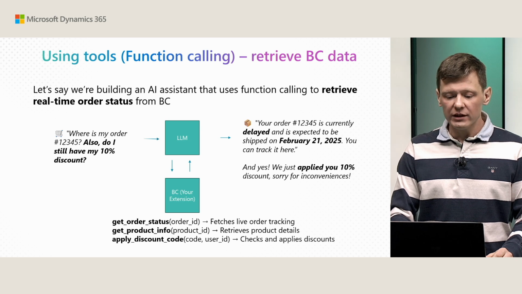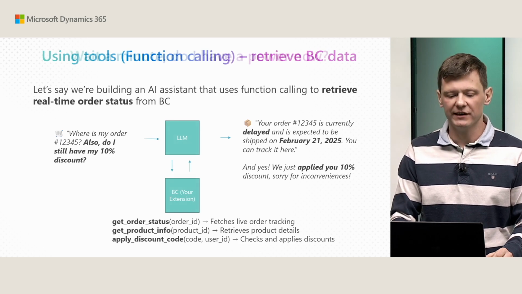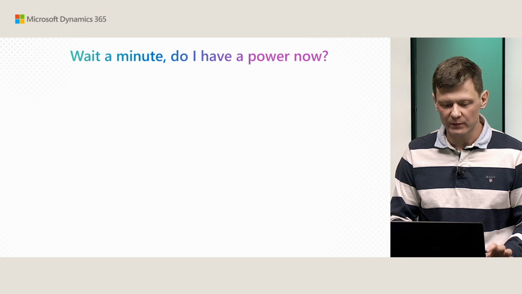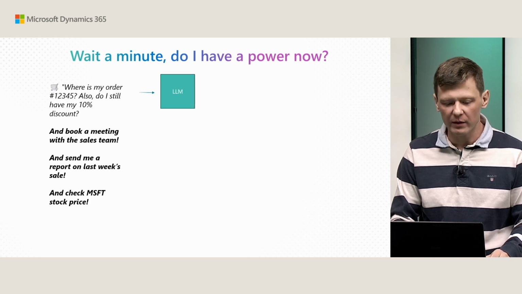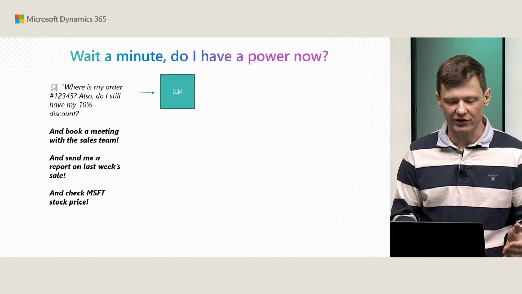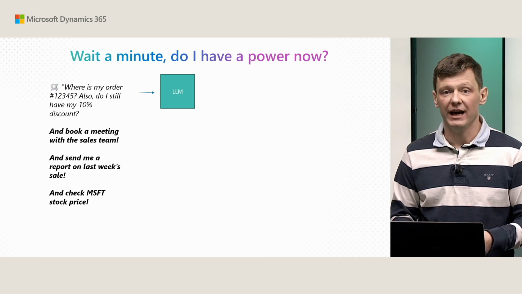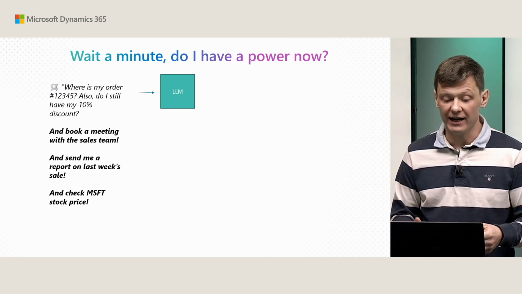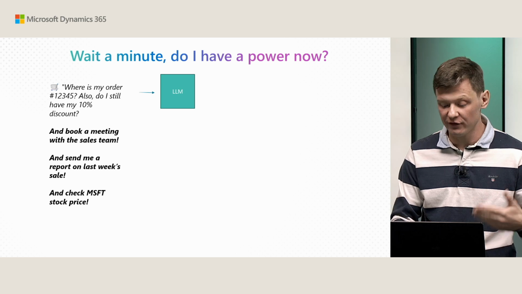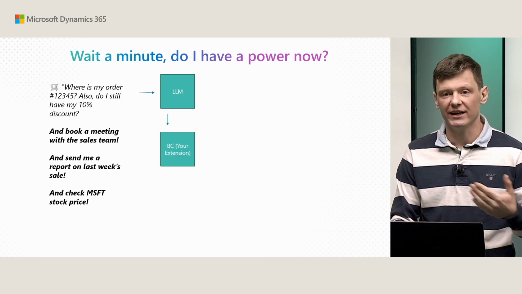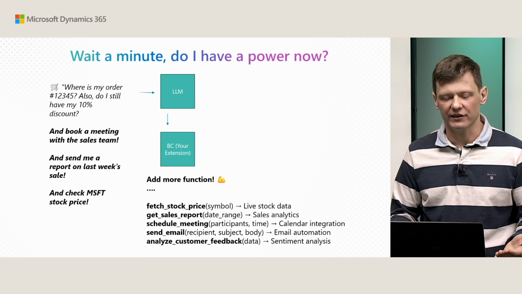Now, what usually happens at this point is people say, wait a minute, do you have a power now? What if I ask about the order, and I ask for a discount, and I ask to book a meeting, and I ask to check a stock price, and so on and so forth? Couldn't I just go to my extension and add a lot of functions?